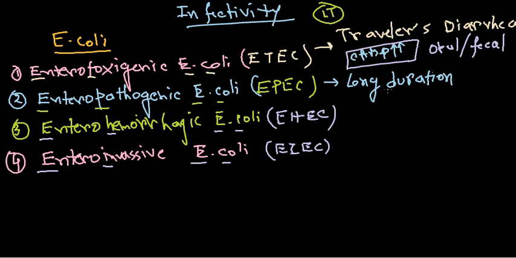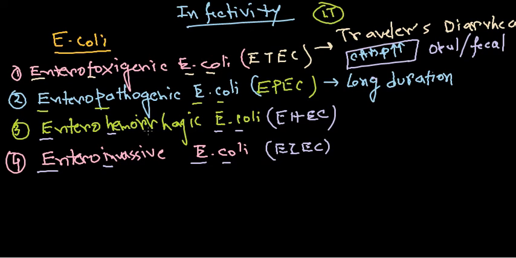So the bacteria are usually transferred via water or food sources, right? For both these cases, this is the reason. But enteropathogenic E. coli is persistent for a longer period of time, and it affects newborns or infants. Mostly they are seen in developing countries, like India is an example, and Africa is another example.